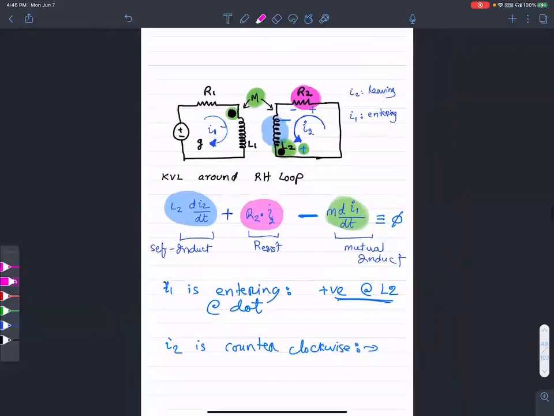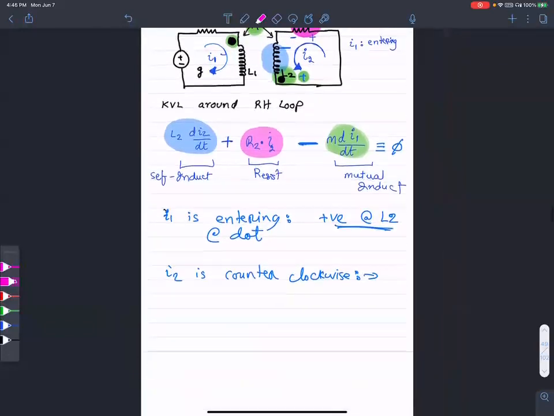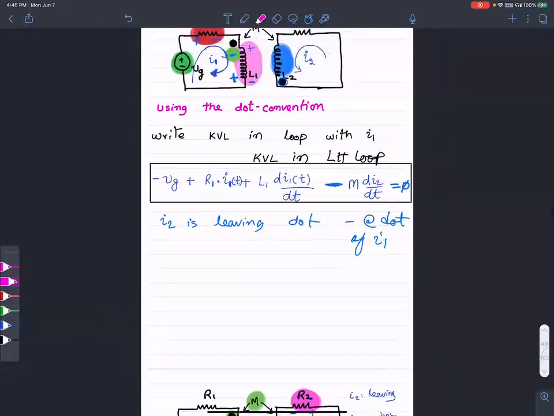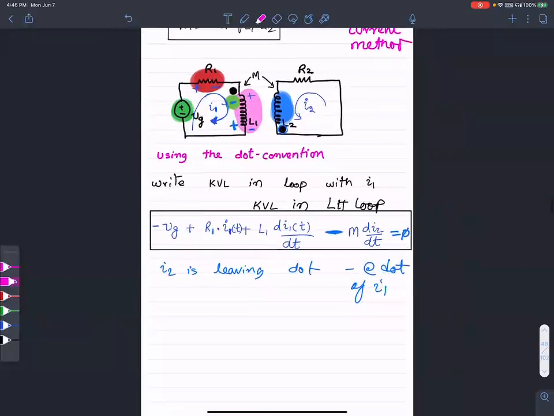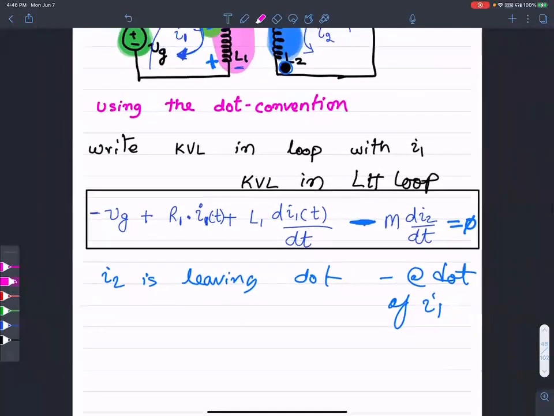Now, what we are going to do is apply these ideas. So let me go back to the idea of intuition. Don't get lost in these messy looking equations.